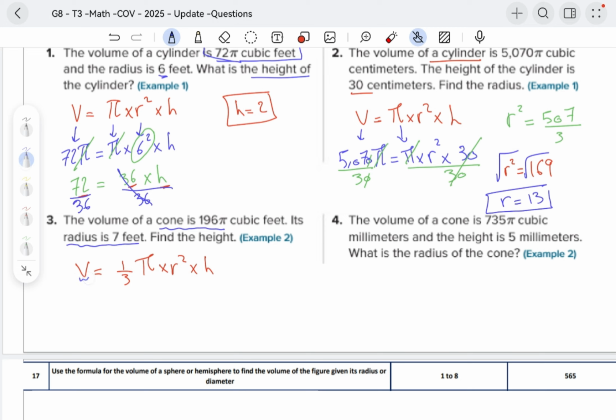The volume is given, 196 pi equals 1/3 pi. The radius is given, 7. So we're going to have 7 squared times the h. Okay, you can take out pi from this side, take out pi from the other side. 7 squared is 49 times 1/3 equals 196.